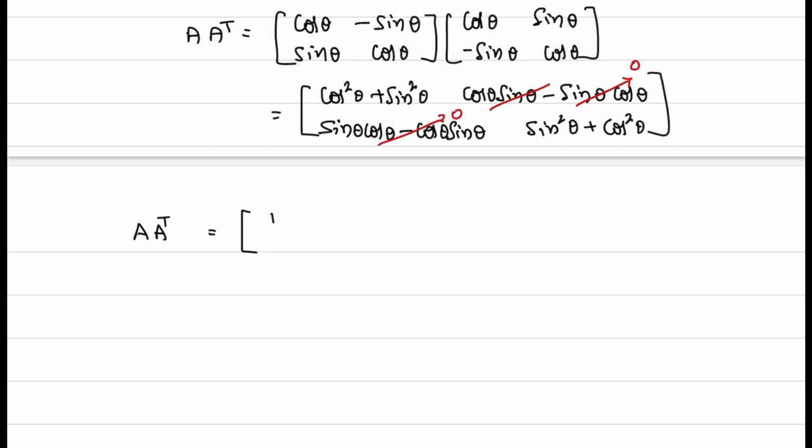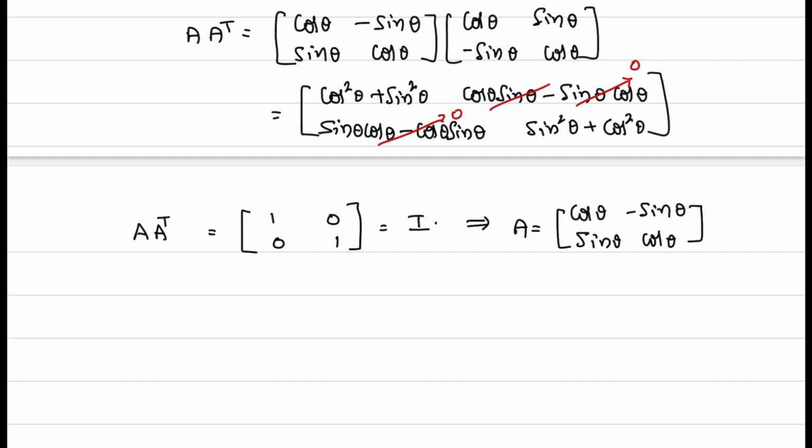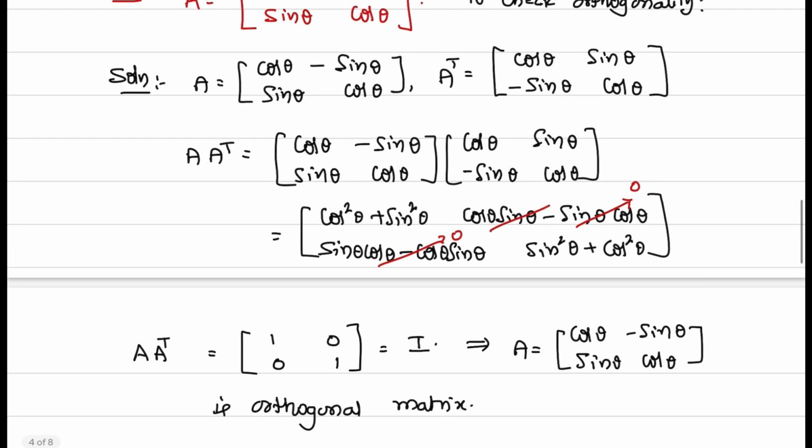The sin square theta plus cos square theta is equal to 1. This is I. It implies it's a unit matrix. It implies A is an orthogonal matrix. This is an example of an orthogonal matrix.